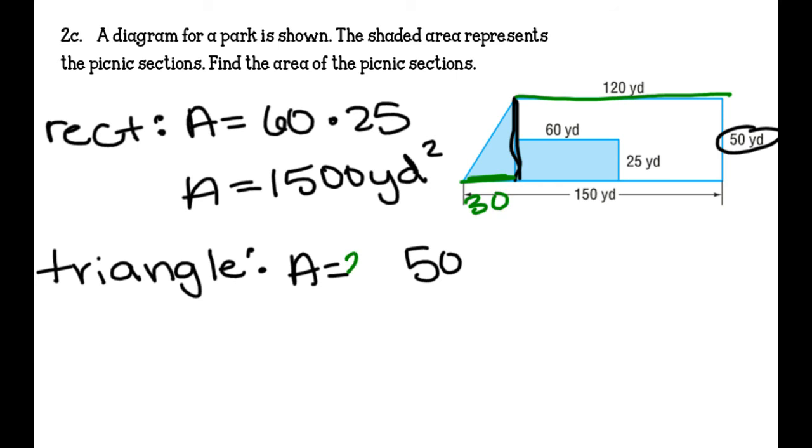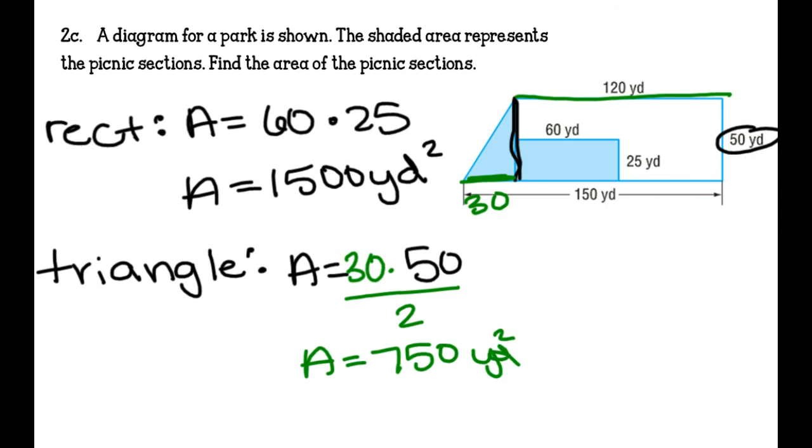So I take 30 times 50, divide by 2. And when I do that, I get 750 yards squared. So the area of the triangle is 750 yards squared.